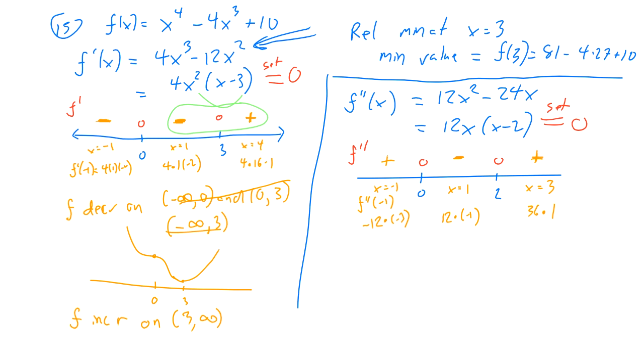So in terms of concavity, the function is going to be concave up when the second derivative is positive, which is from negative infinity to 0, and also from 2 to infinity, and it's concave down in between, from 0 to 2.